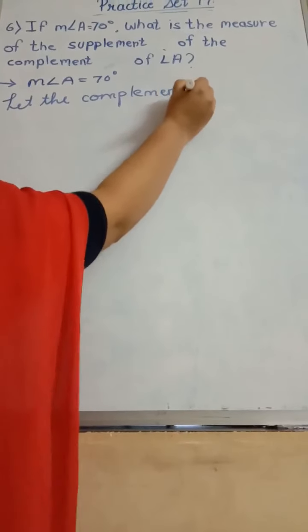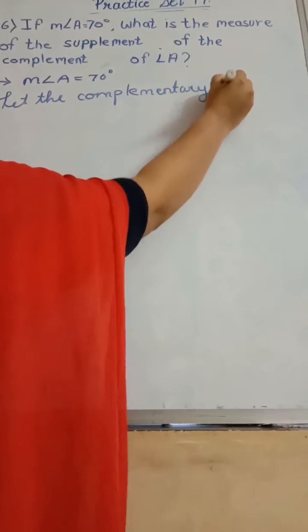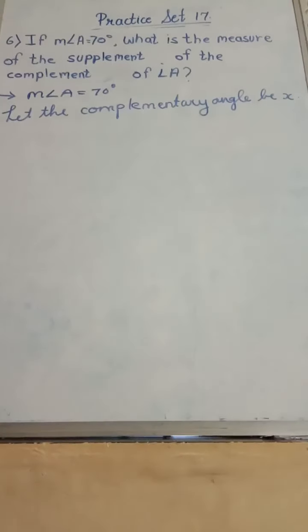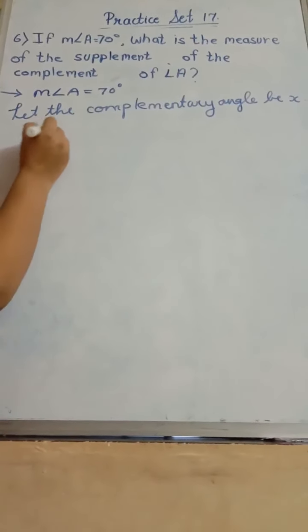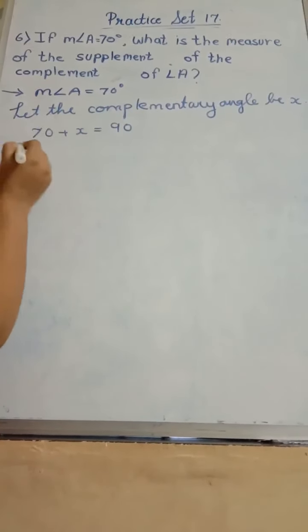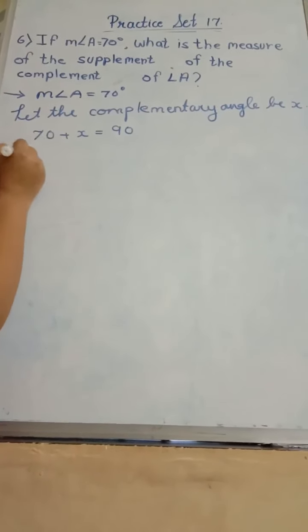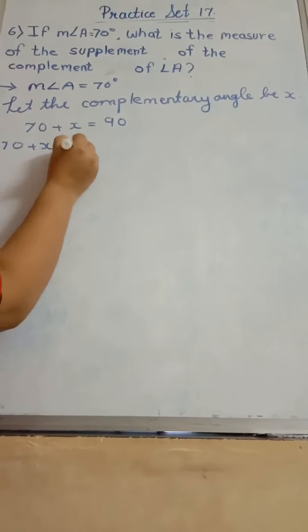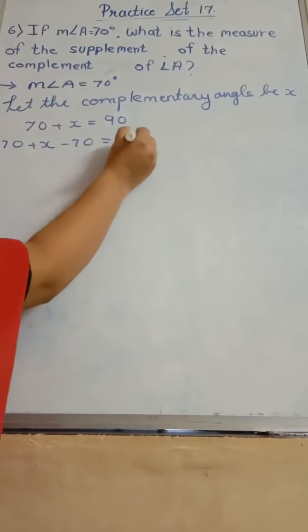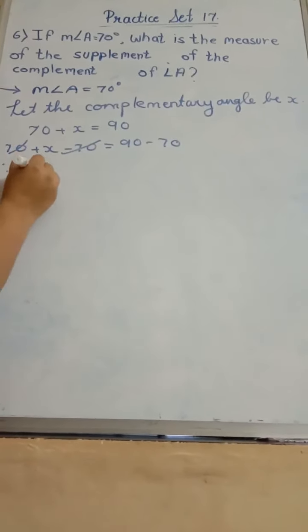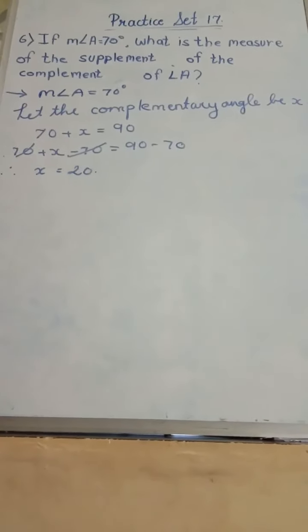First we will find the complement of this, that is, let the complementary angle be x. Okay, that is 70 plus x is equal to what? 90. The x value we have to find out, so 70 we will subtract on both sides. Yes, that is 90 minus 70. That is what will remain, x is equal to 20.